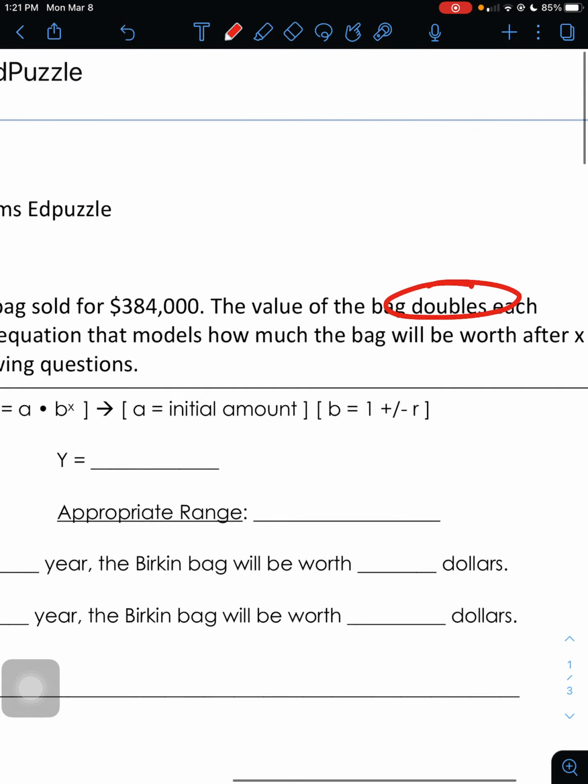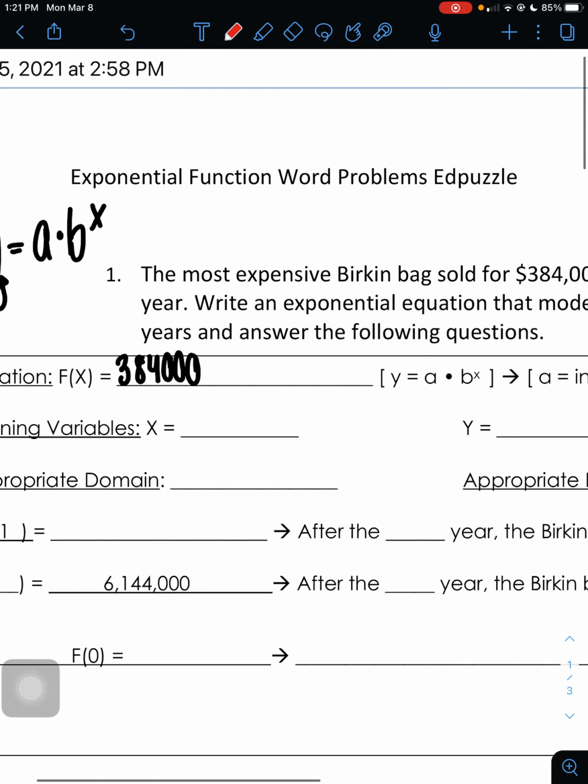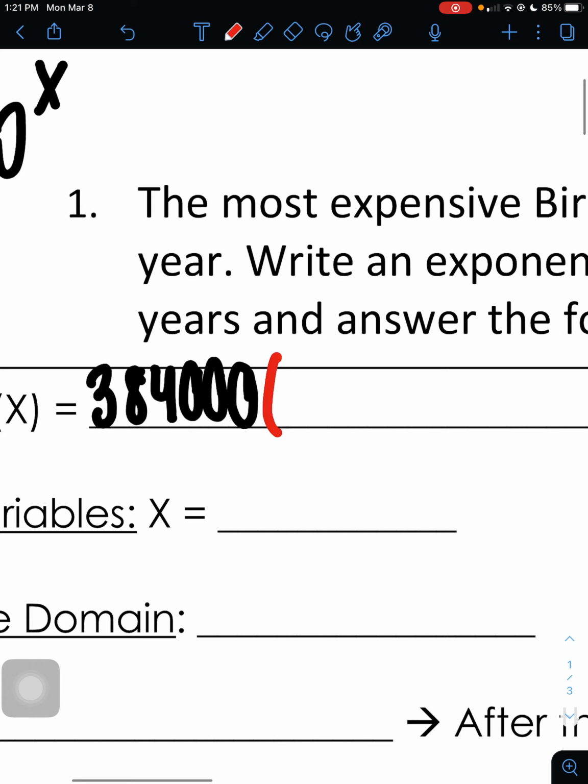Doubles lets us know how fast we're growing each year, and the number that represents doubles is 2. So I'm going to write 2 inside of those parentheses, and then my last piece left is just my exponent of x. So this function here, 384,000 times 2 to the x power, tells me how much my bag is going to be worth after x amount of years.